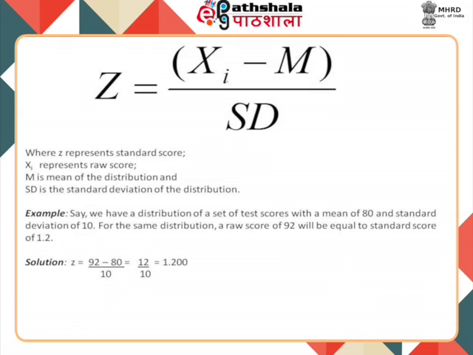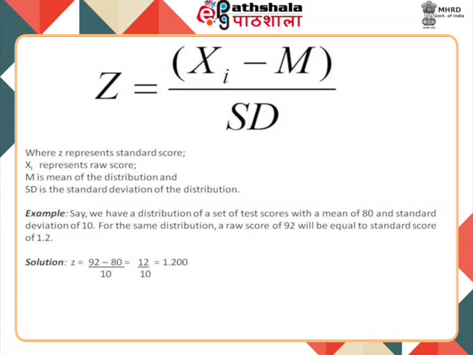Let's detail linear and non-linear transformation of scores in greater detail. The first in this list is Z-score. The most commonly used type of standard score is a Z-score. It represents how many standard deviations a raw score falls above or below the mean of the distribution.